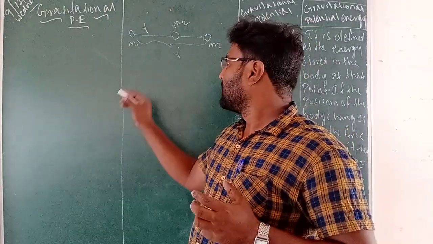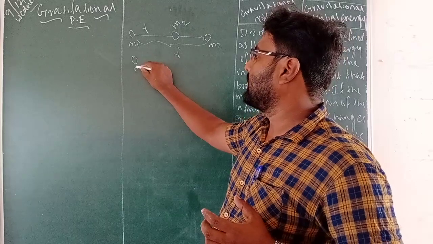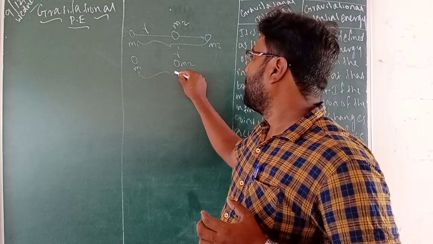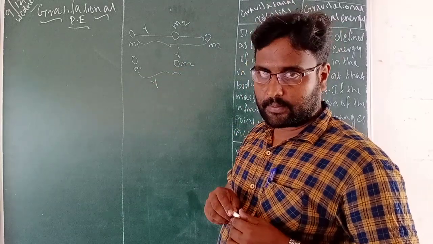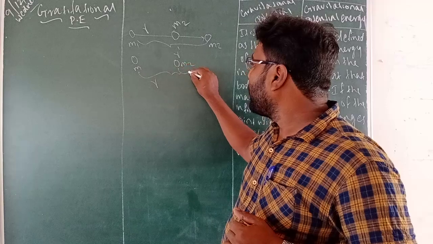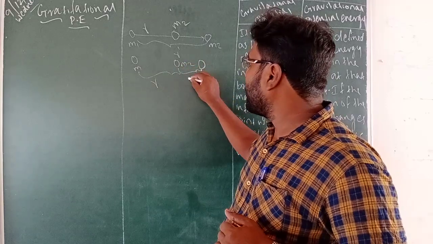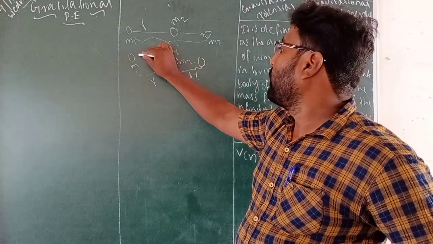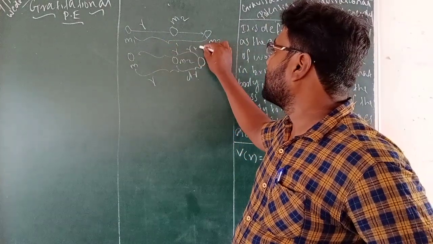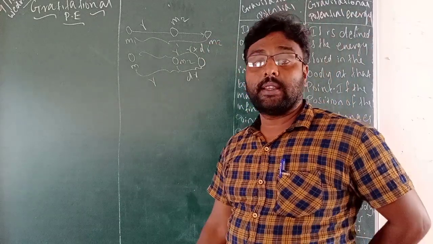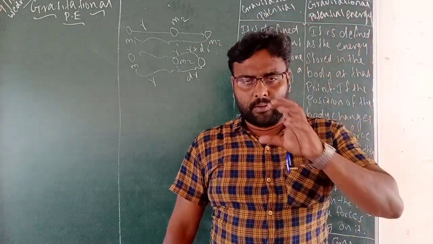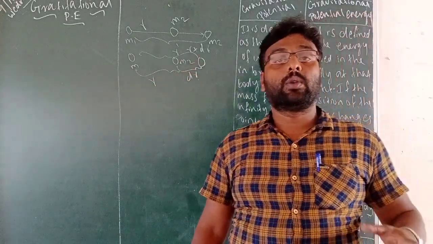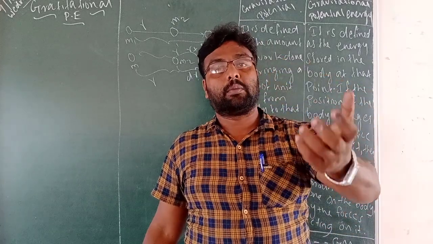Suppose mass M1 is at the same position. Now the mass M2 is here, at the distance R. Now you are moving this mass M2 by an infinitesimal, small distance dr. Now the total distance is R plus dr. Here also you are applying some external force.